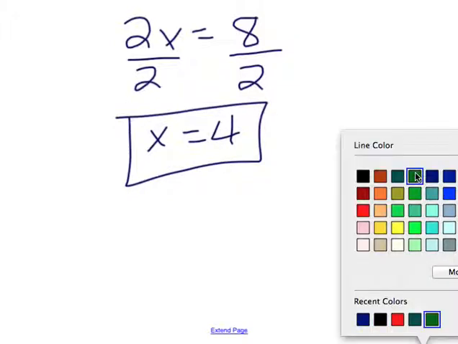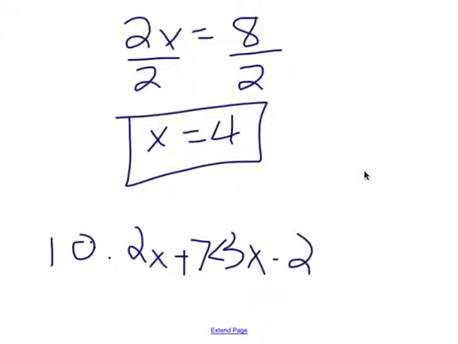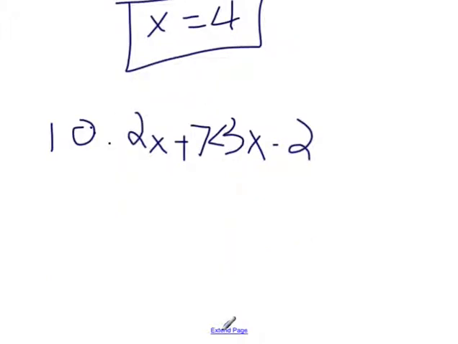Now let's take a look at number 10. So for number 10, we have 2x plus 7 is less than 3x minus 2. So to make life easier on myself, what I do is I want to take the smaller amount of x's and bring it over to the larger amount.